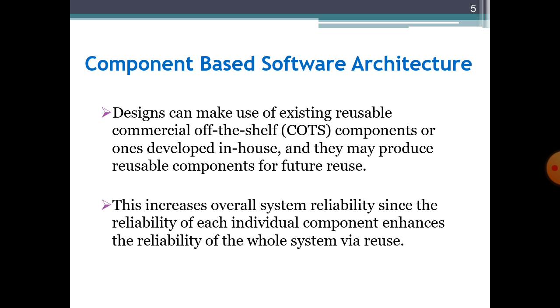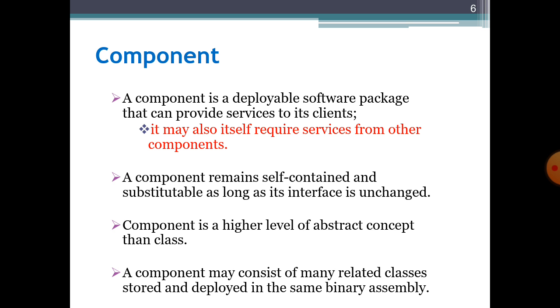Overall, this reusability approach increases the overall system reliability, since the reliability of each individual component enhances the reliability of the whole system via reuse, because reusability is the main concern of this component based architecture. We will discuss how reusability supports reliability in component based architecture in the coming slides. So let's start from the component.